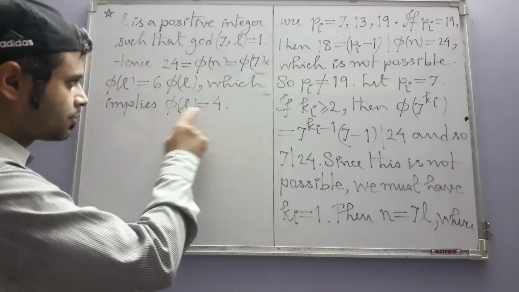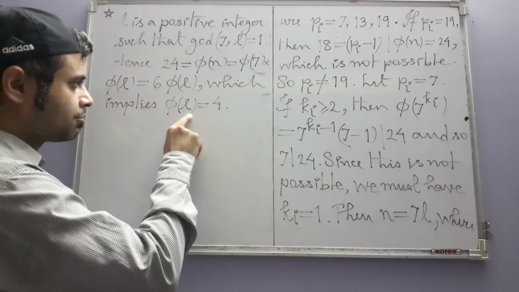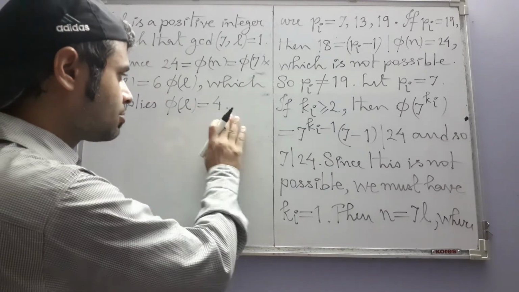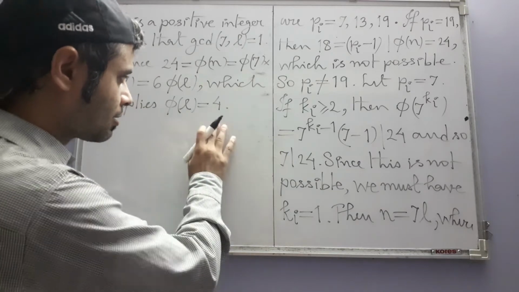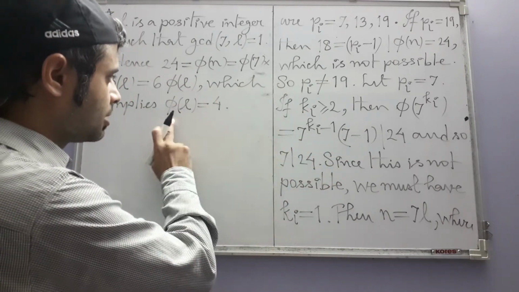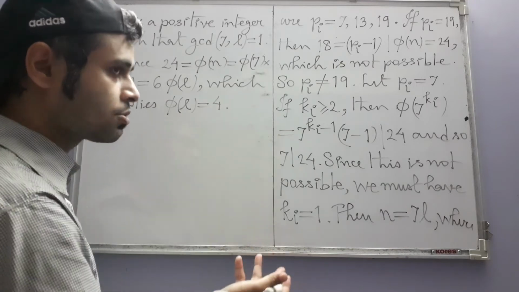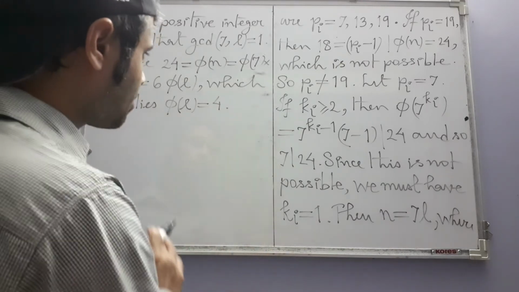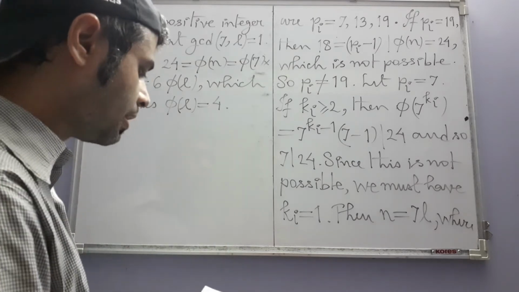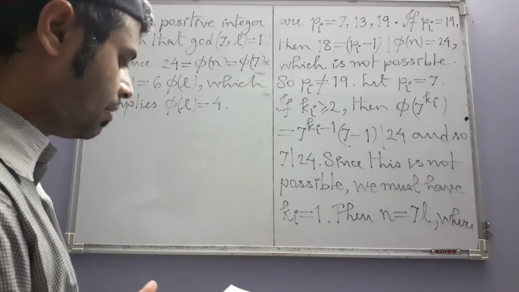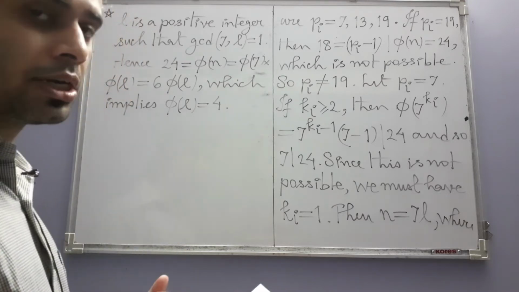It's easier to find those L for which the phi value is 4, and here also you have to apply some such arguments, but because 4 is much smaller than 24, the job is also smaller. You have to do a lot less, and this part I leave to you. Instead, what I am now going to do, I will directly write those possibilities for L.